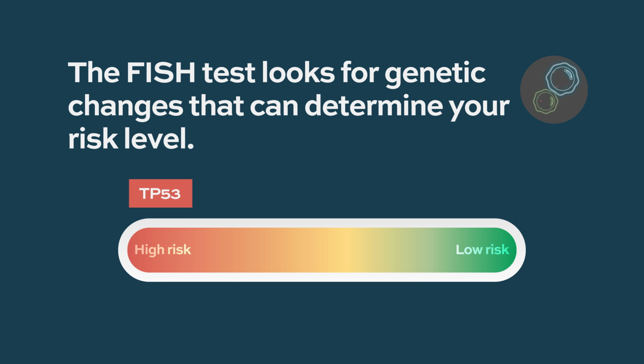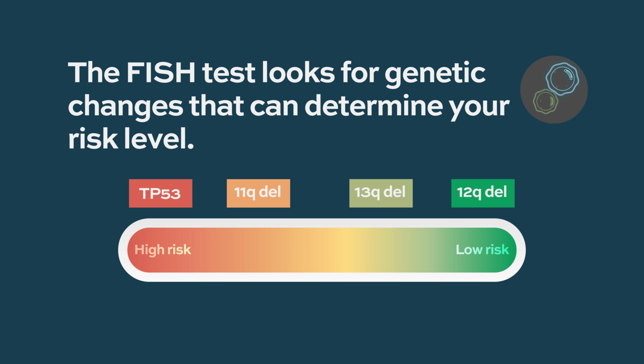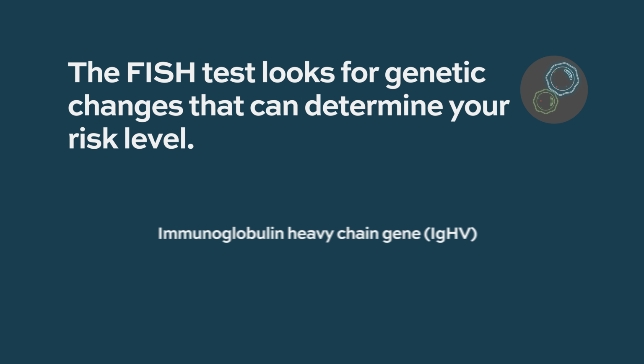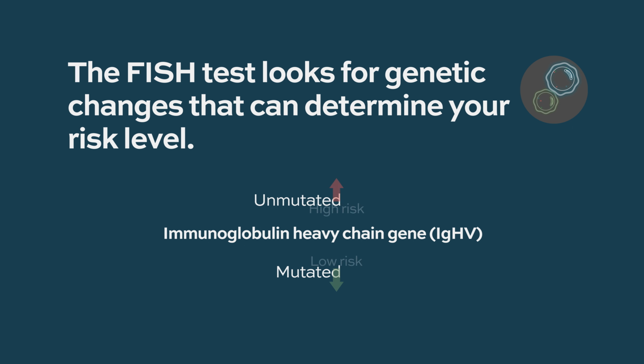Then there is a minority called 11q deletion that is second in terms of its prognostic impact on the FISH panel, and 13q deletion is actually not that bad, and chromosome 12 deletion carries a favorable prognosis. You also look for the mutation in the immunoglobulin heavy chain gene, and if you have what we call an unmutated phenotype, that has a higher risk than a mutated phenotype.